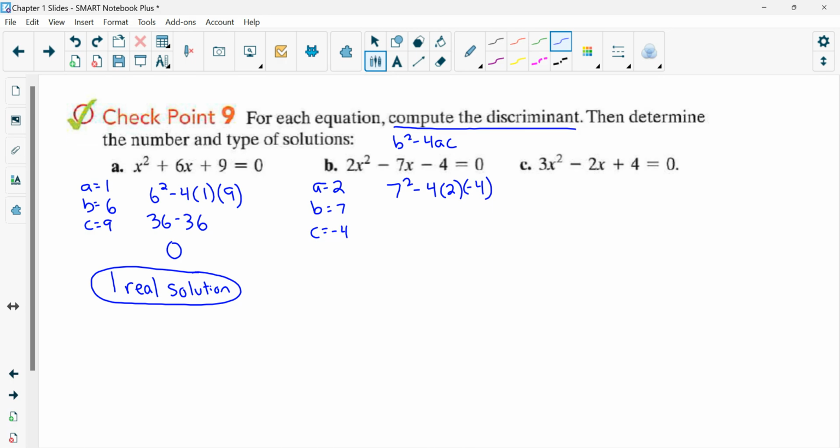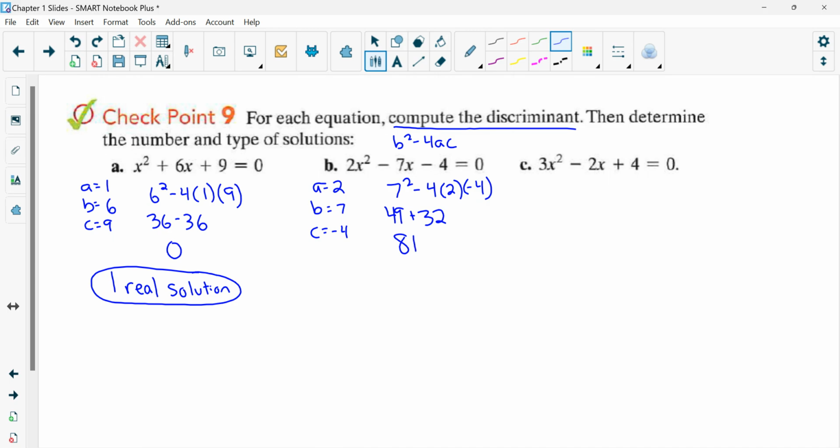And so 7 squared is 49. Negative 4 times 2 is negative 8. Negative 8 times negative 4 is positive 32. And so we get 81.